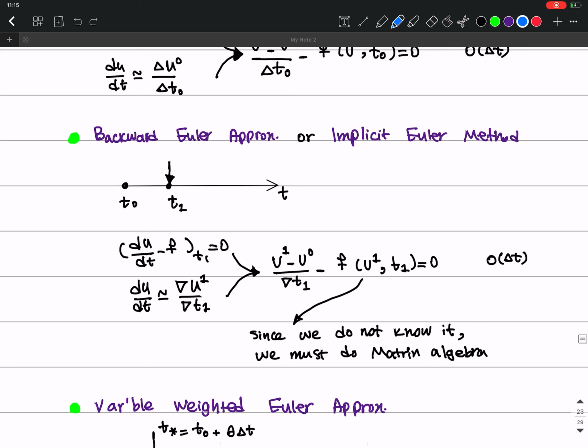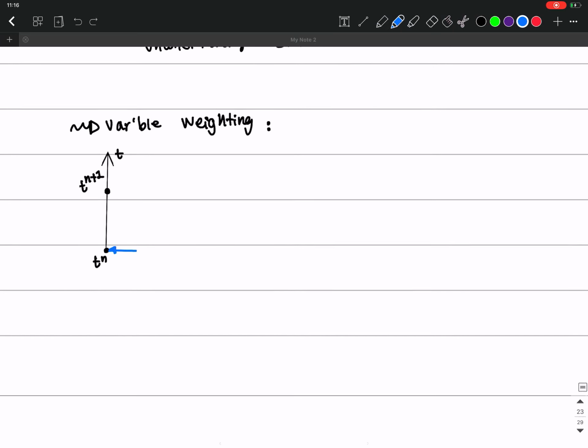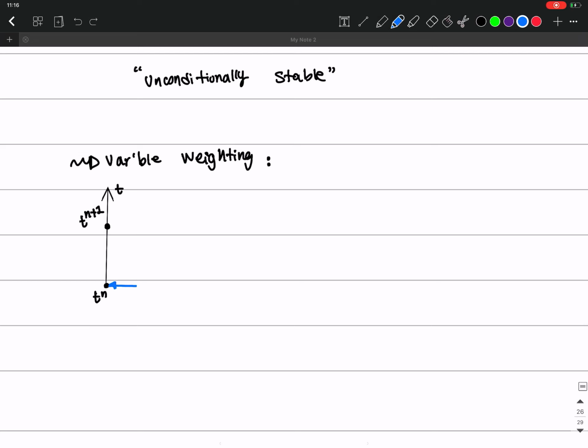If you evaluate f at t1, it is called backward Euler, right? So here we have the same phenomenon. If we evaluate it at tn, it is forward Euler. If we evaluate it at tn plus 1, it is backward Euler.